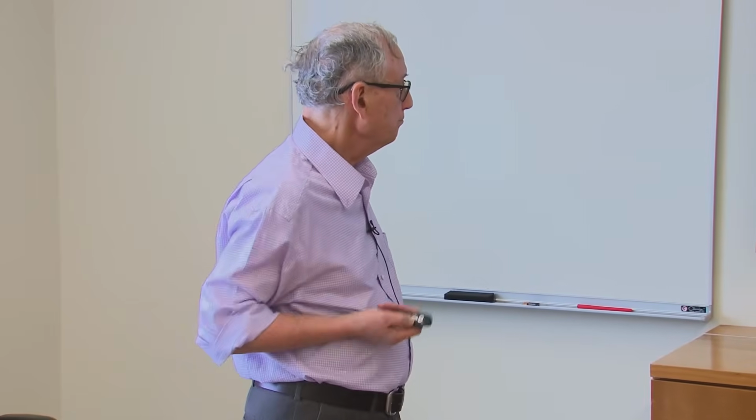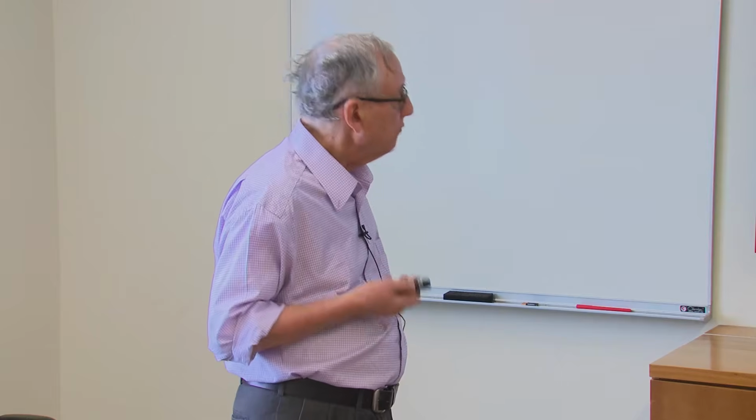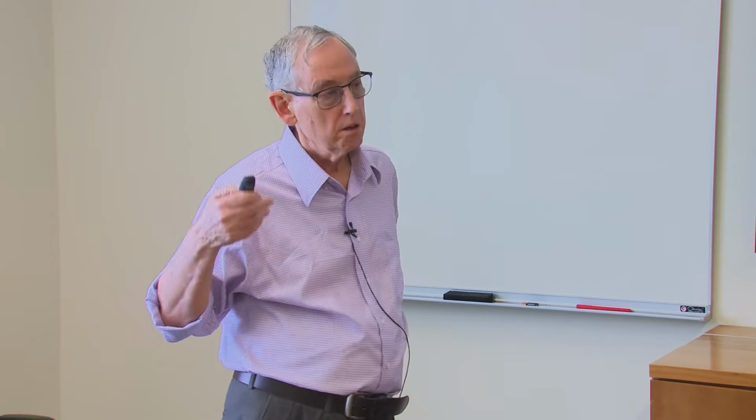And in particular, a unique ledger will always give consistent information across the different ledgers. A security depository, these CSDs, are like that. They're a centralized log of the ownership of financial assets, typically run by a licensed private party or even run by a government entity.